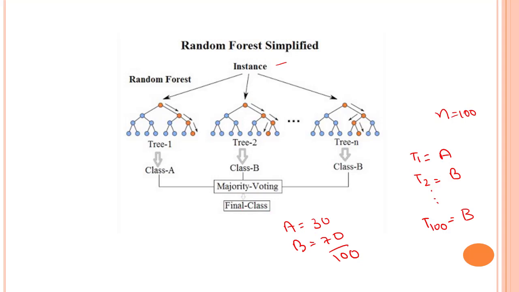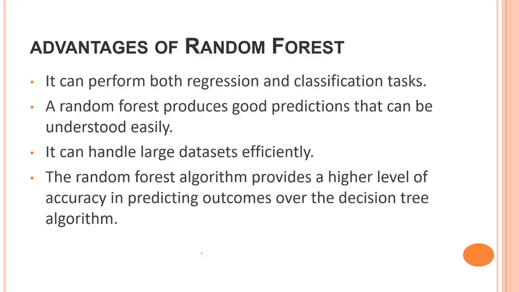So by the majority voting rule, the new instance that we have got will belong to class B, as the majority of my decision trees told me that it belongs to class B. So that's how our random forest algorithm works.